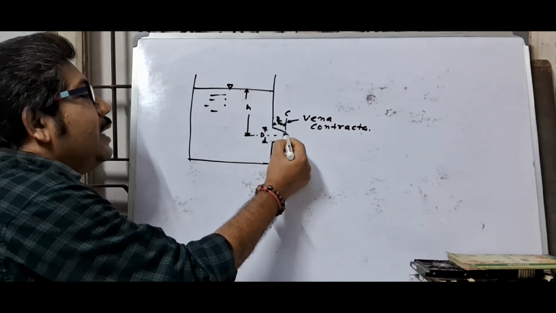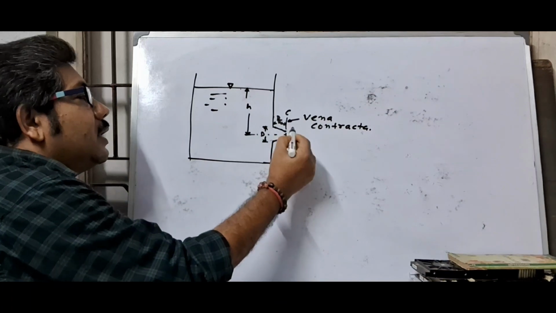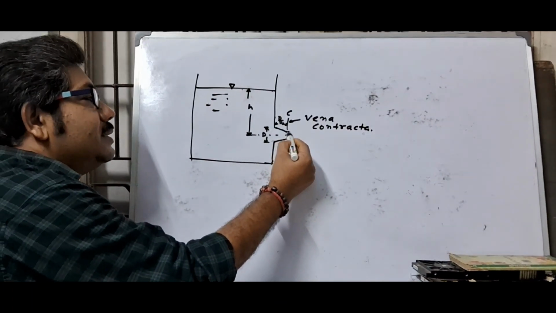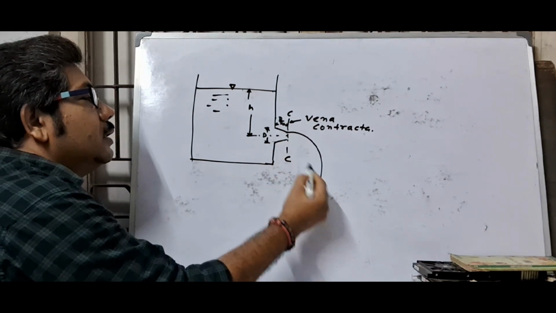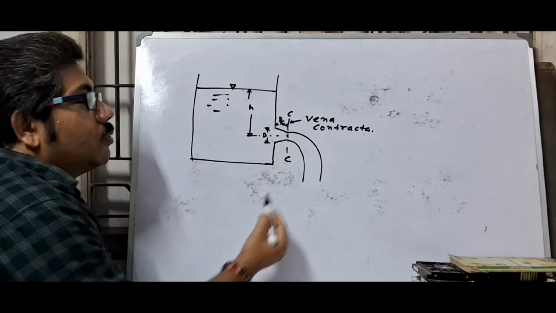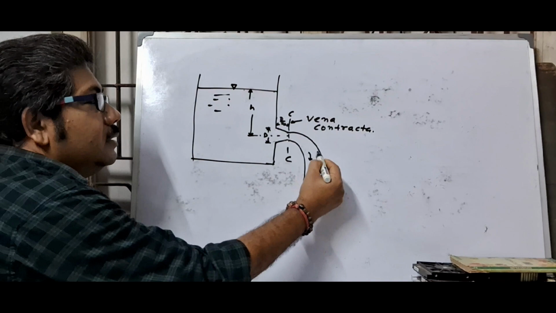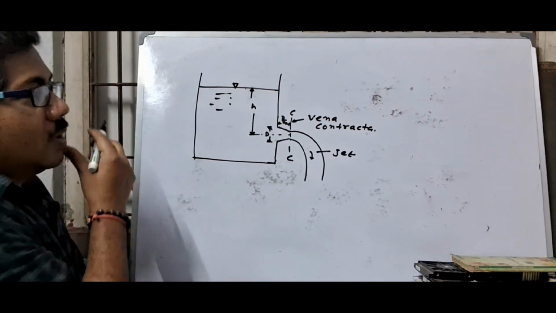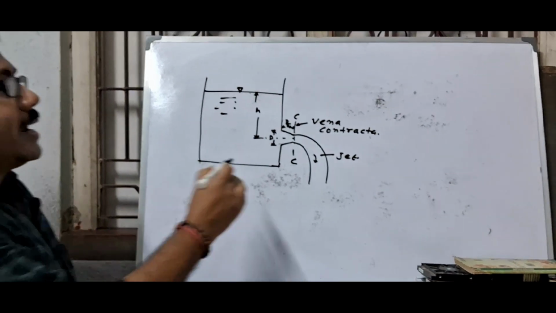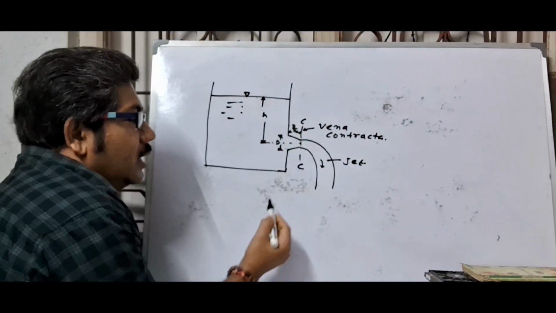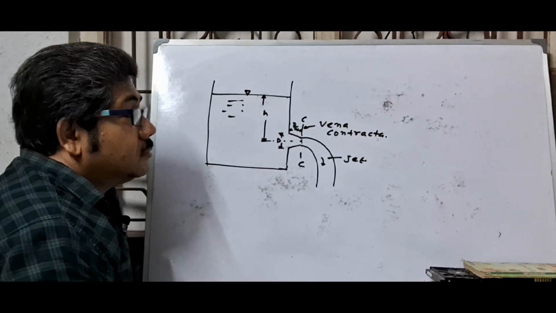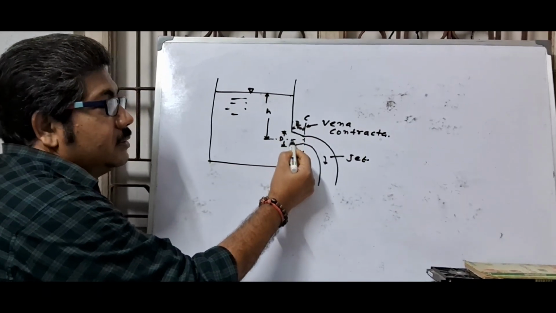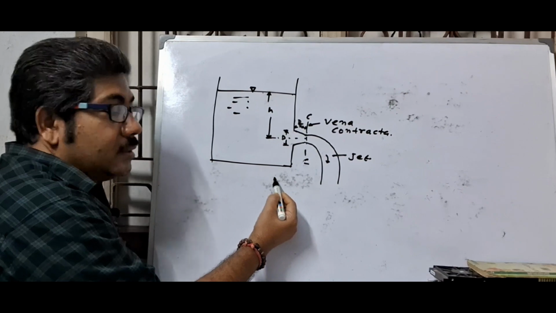After vena contracta, this jet will be diverging or parallel. This is called jet. All the dimensions at vena contracta are actual, and all the dimensions at orifice are theoretical.